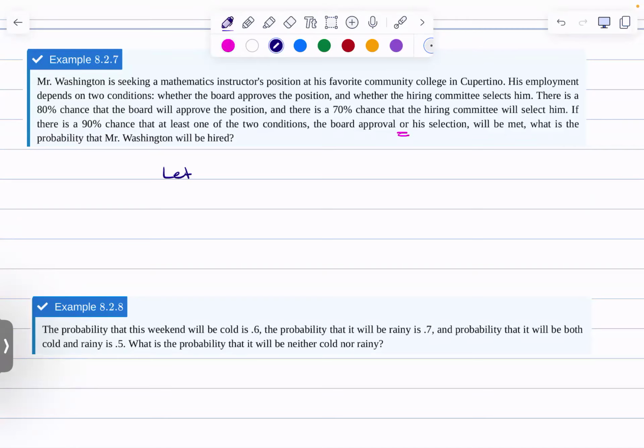is first define some shorthand, right? We've got two events that we're talking about, and so the board has to approve the position, and then the hiring committee has to select him. And so I'm going to let capital B be that the board approves the position. And what should we use?